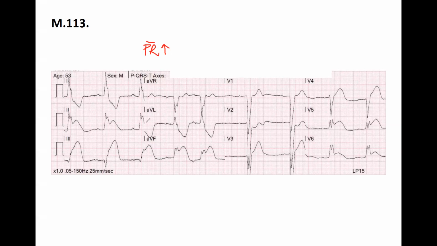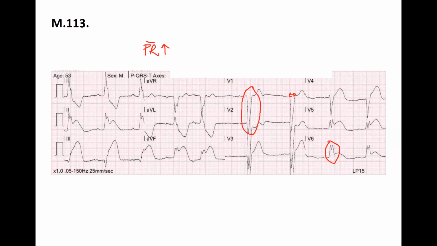Next, we can look at the QRS. QRS is widened, I think. Yes, you can see very nicely that the QRS is almost 0.2 second. So it's wide. What does it indicate? A bundle branch block. Which one? It's a right bundle branch block, is it not? Whenever you see the wide R, the block is there. Can you see a wide R wave in V1?